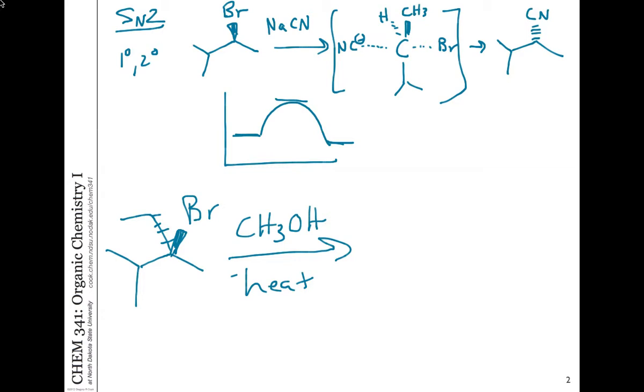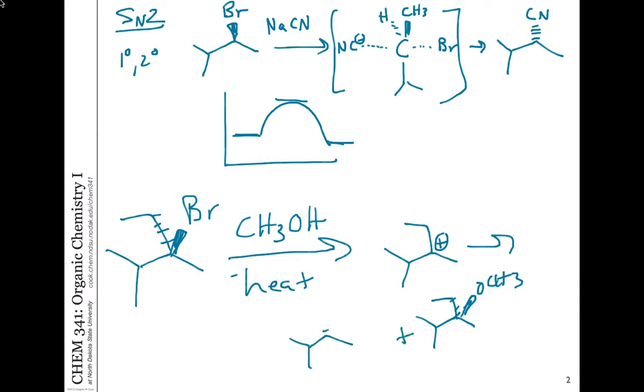So this will form a carbocation first. Okay, and what do we know about that carbocation intermediate? The stereochemistry that was originally on our bromide now is lost because we've gone to an sp2 planar carbon. And then, in this case, methanol, and then eventually taking off that proton, could add from either side of that carbocation, and you end up with OCH3 as a racemic mixture, or probably close to a racemic mixture.